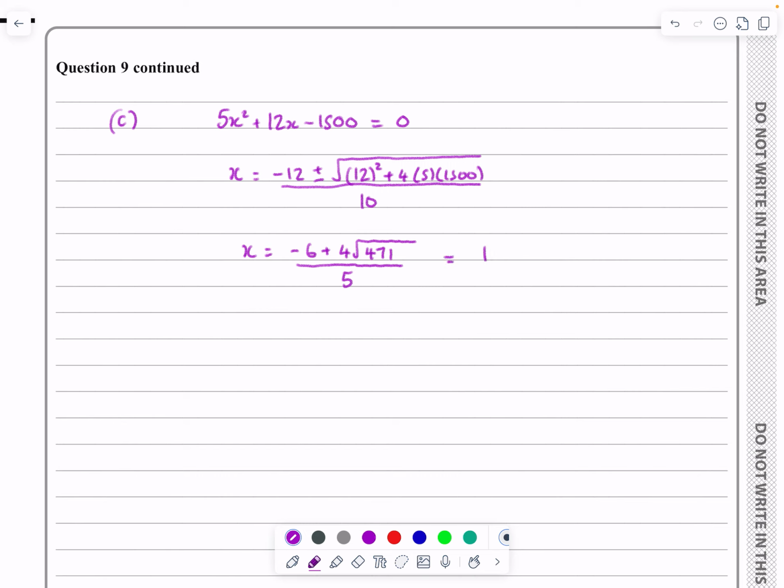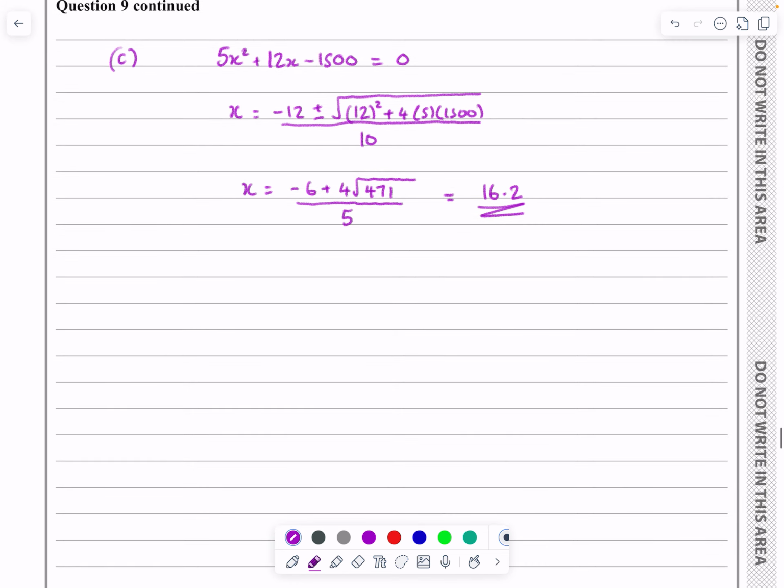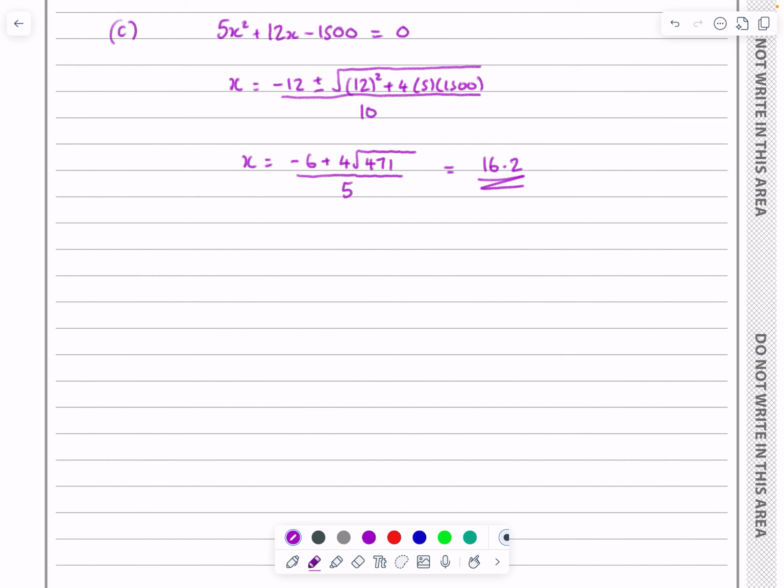But then all you've got to do is be aware of that. Even if I'm calling it 16.2, I'll use the full number on my calculator here. When we get our final answer, depending on how accurate you've been, it can affect the accuracy of that answer. And I'll talk about that when I get that far. But I'm going to call it 16.2 just for the last little bit of the video. So I've got that.